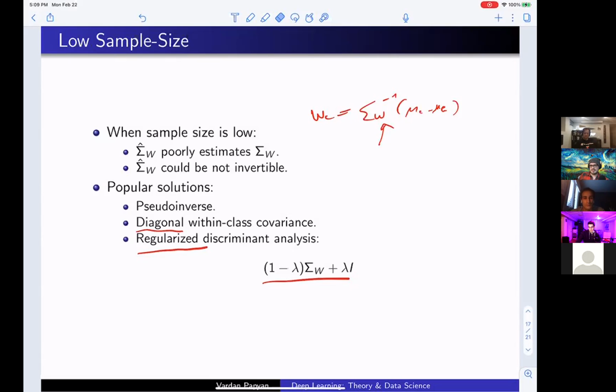The intuition is that if you have no information about your covariance, you should assume it's an identity. That's the intuition. I'm not sure if that's very intuitive. So RLDA is the usual LDA, except that you replace the within class covariance with this thing.